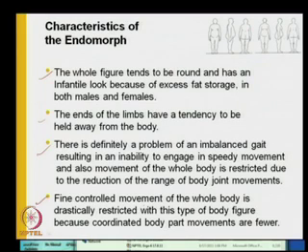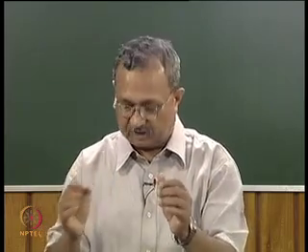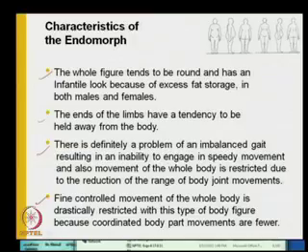Fine controlled movement of the whole body and coordination movement of the different body parts is drastically restricted with this type of body figure, the endomorph fatty body figure, because coordinated body part movements are fewer.